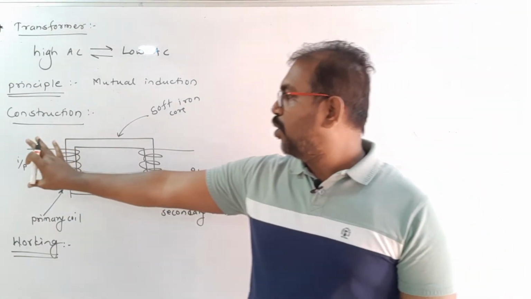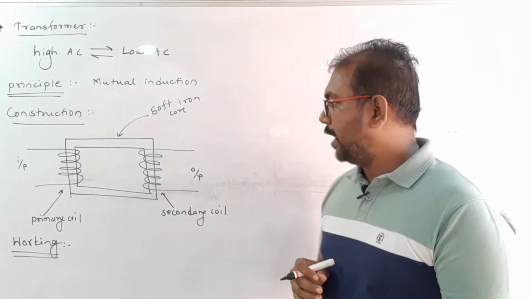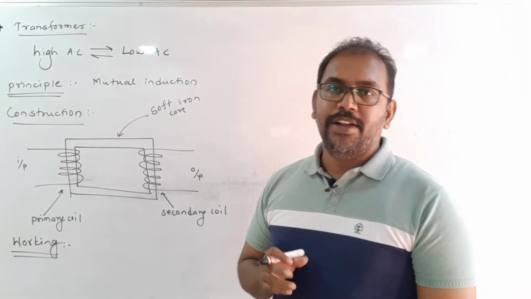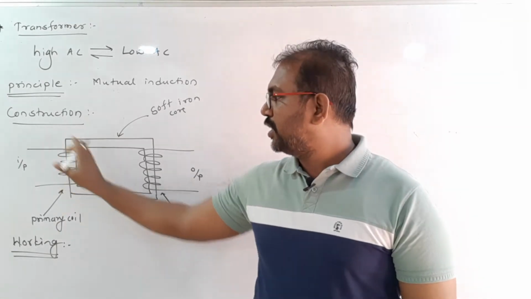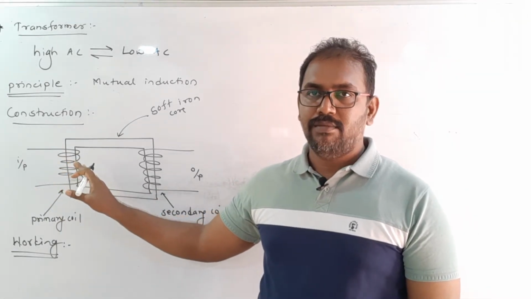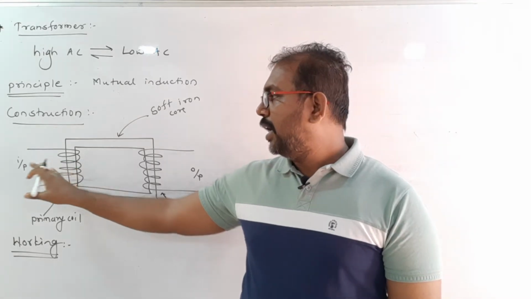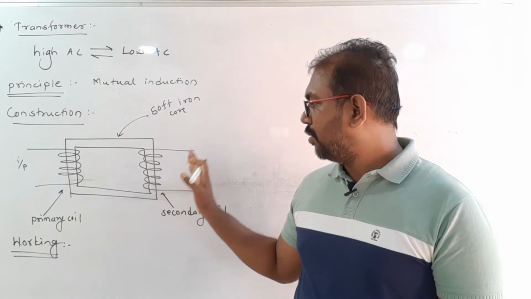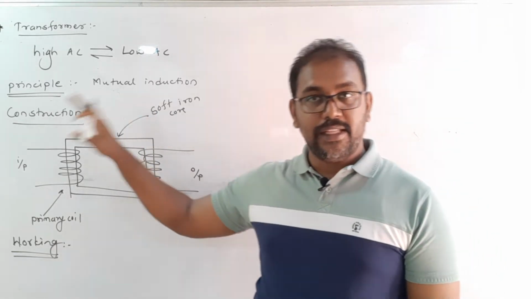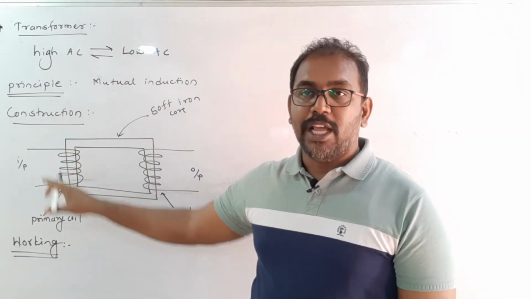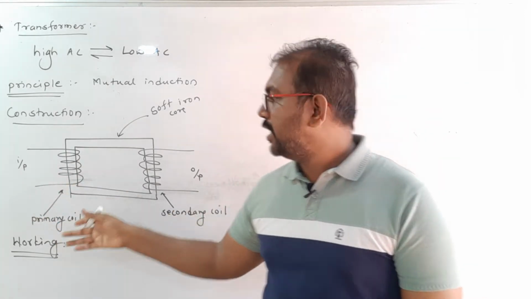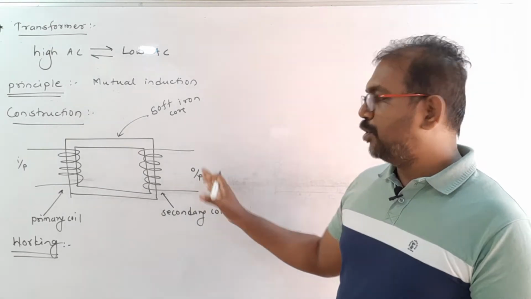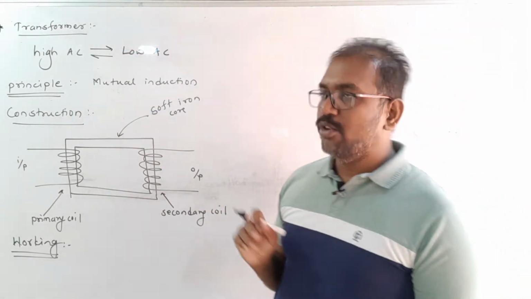When alternating voltage is applied across the primary, due to this changing current, magnetic flux is produced, and due to that magnetic flux, EMF is induced in the secondary as well as in the primary. It is induced in the primary, that is called self-induction, and it is induced in the secondary, that is called mutual induction. We are getting output because of the mutual induction. So the principle is mutual induction.